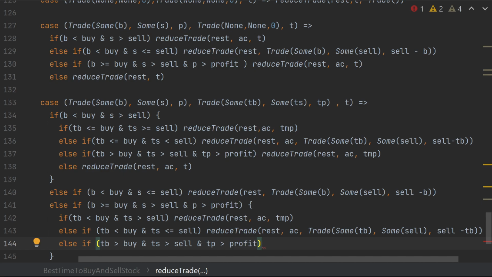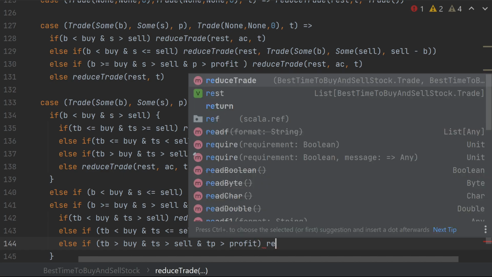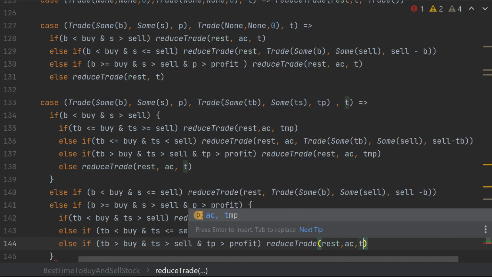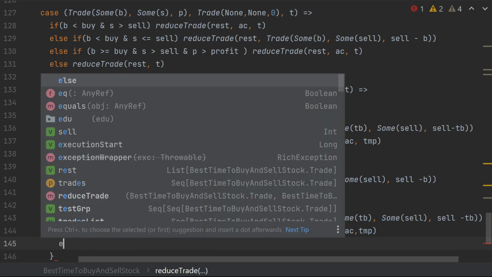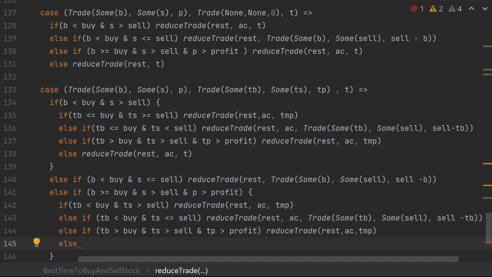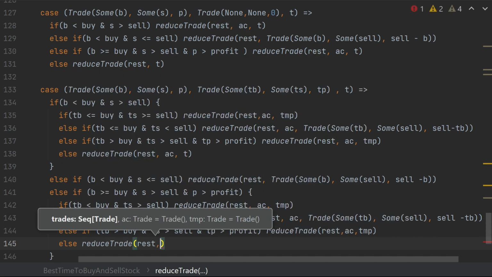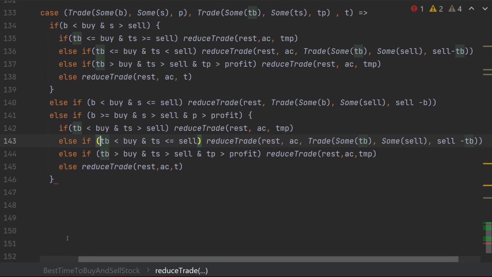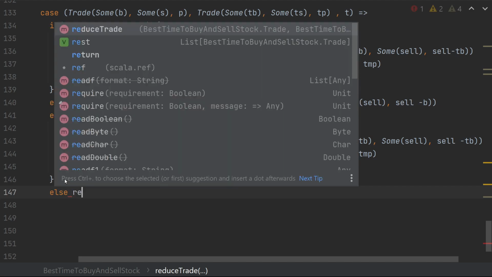All right, so it means that you are going perfectly fine. There is no need to make any change. So it is going to be rest comma AC comma temp, and the last condition, if the profit turns, so does the trade. So it's going to be rest comma AC comma T. All right, and finally we are almost there, the last else condition. So else, if nothing suits, it's going to be a new trade itself.